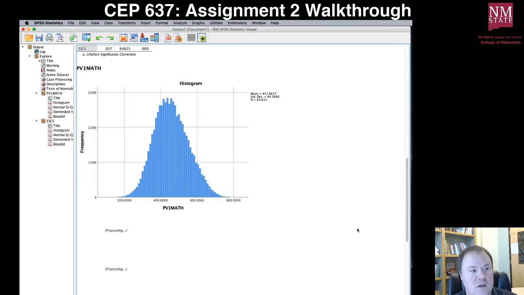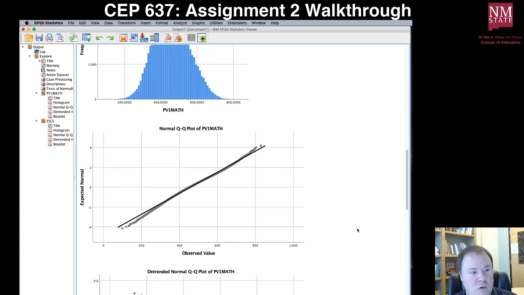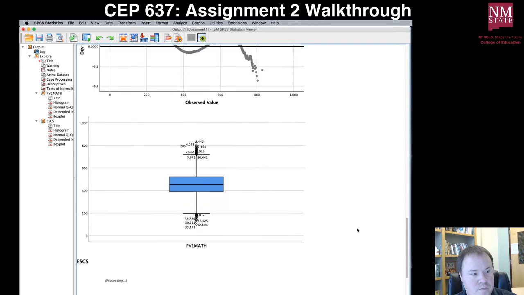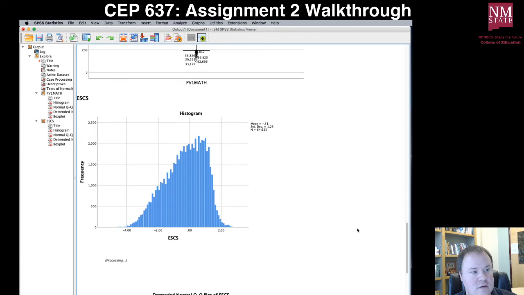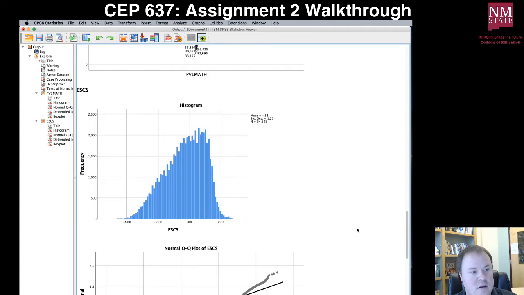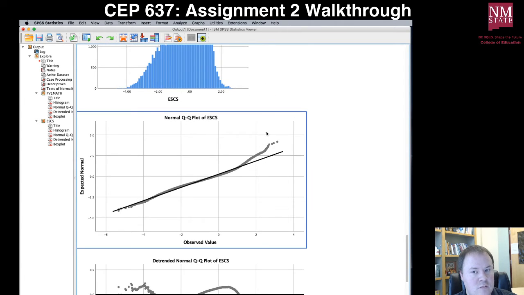If we look just visually, PV1 Math looks great. The QQ plot of PV1 Math looks great. If we scroll down to SES, SES does look skewed left. And the QQ plot, we see some trending away here in the top right.